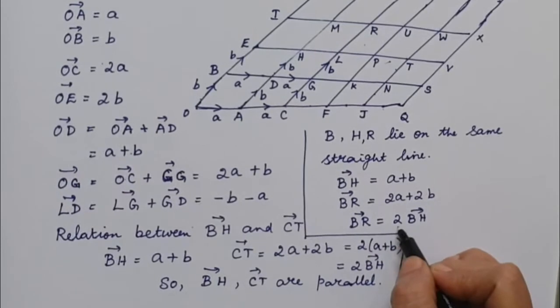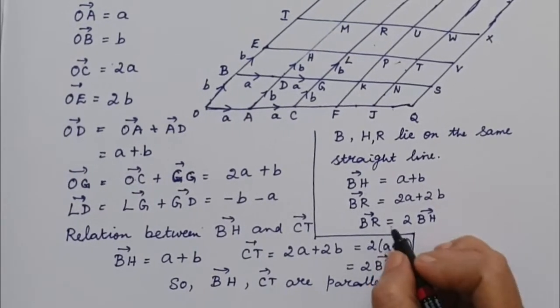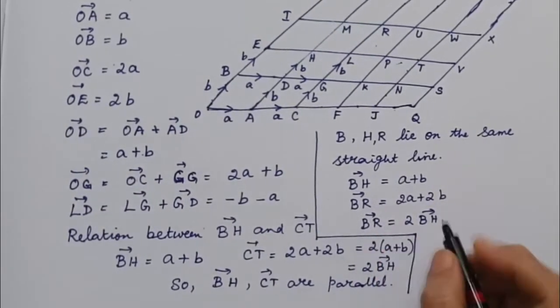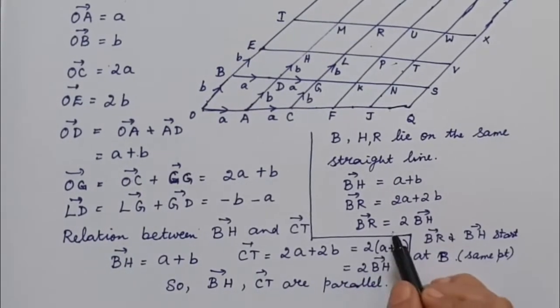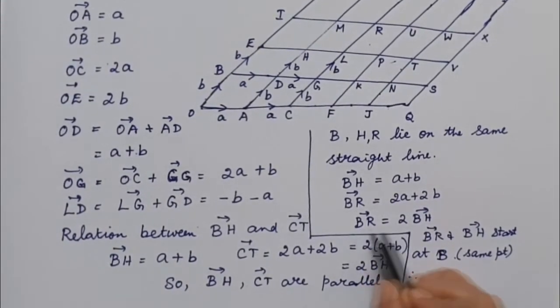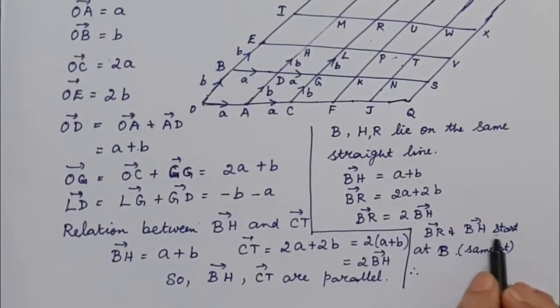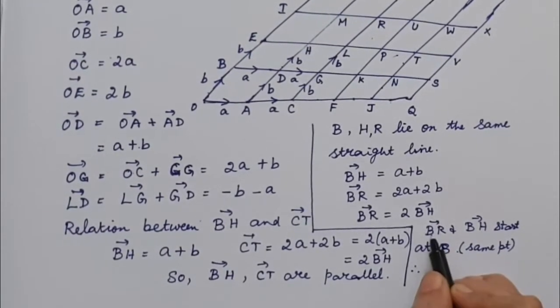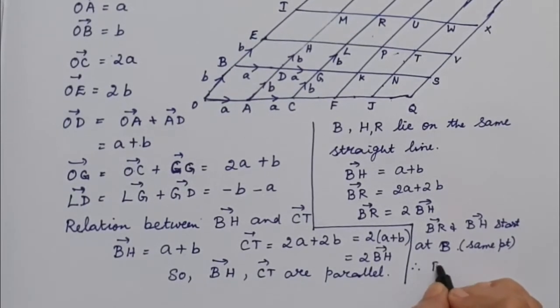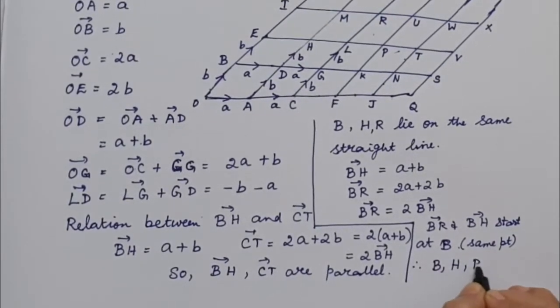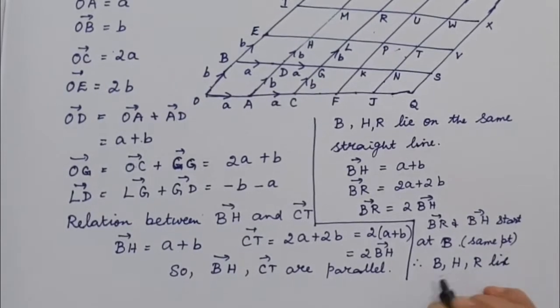So BR will be equal to twice BH. As BR equals 2 times BH, BR and BH are parallel to each other. And BR and BH start at the same point B. So the points B, H and R lie on the same straight line.